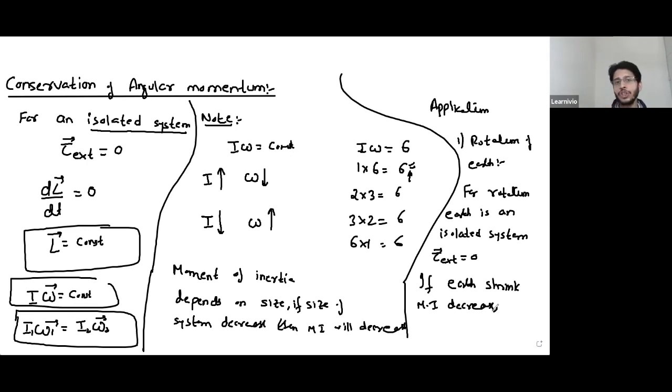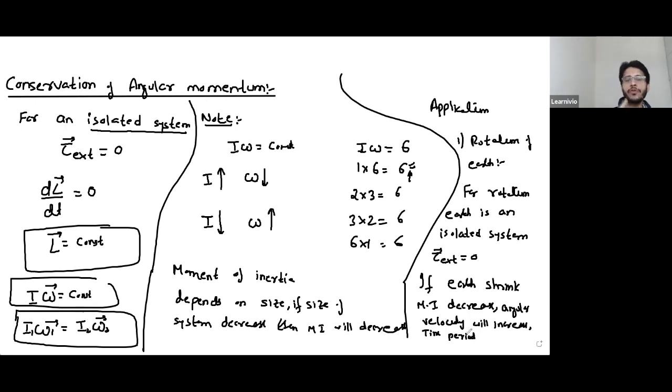If moment of inertia decreases, then what will happen with angular velocity? It will increase. Yes, angular velocity will increase. I mean, it will start rotating fast. If it starts rotating fast, can you guess what will happen with its time period? Yes, Fazil. Decrease. Yes, time period will decrease.